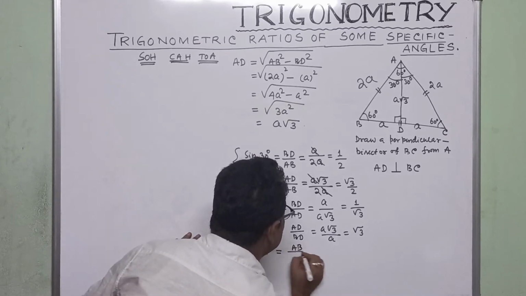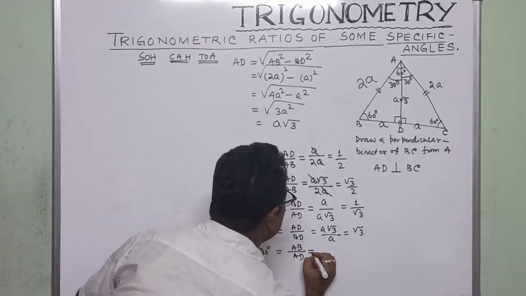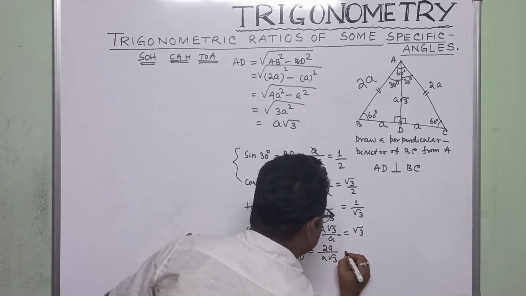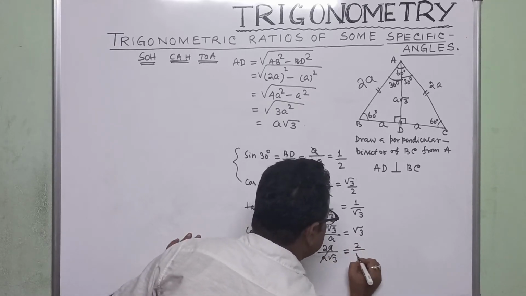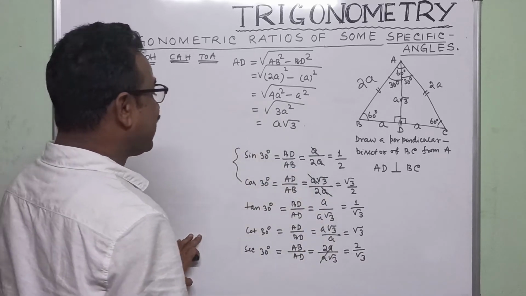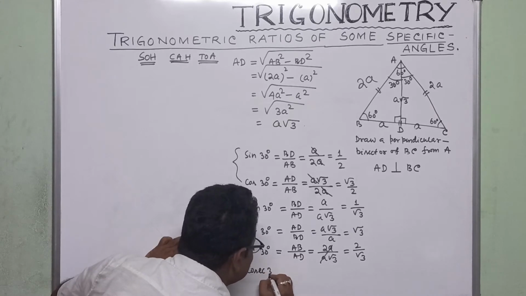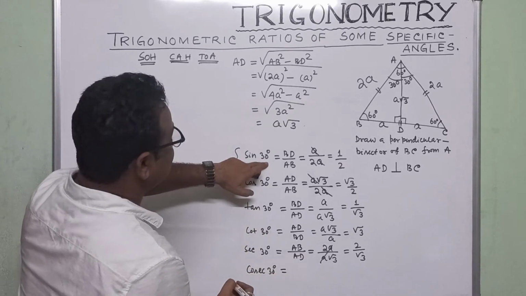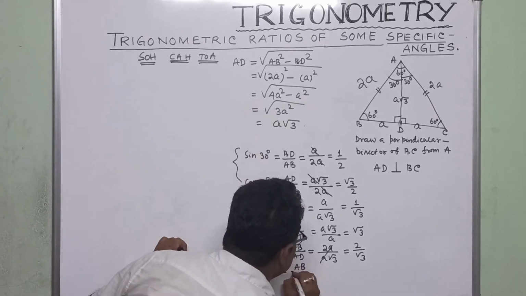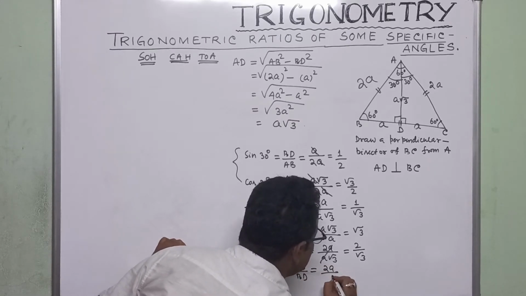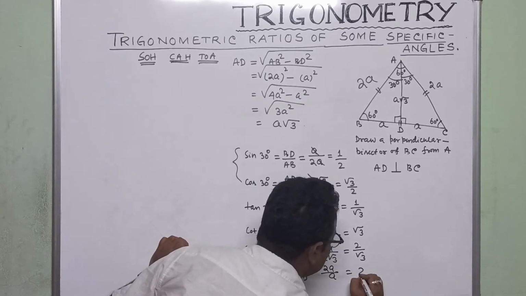So AB by AD is equal to 2A by A root 3, is equal to 2 by root 3. Now cosec 30, reciprocal of sin 30. So AB by BD is equal to 2A by A, is equal to 2.